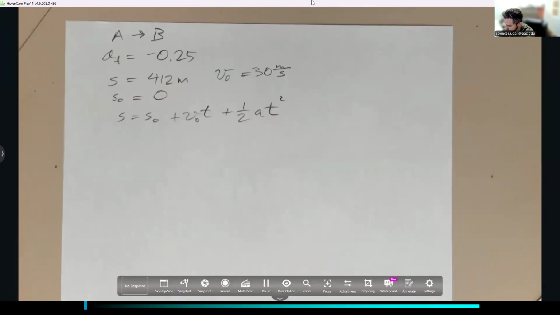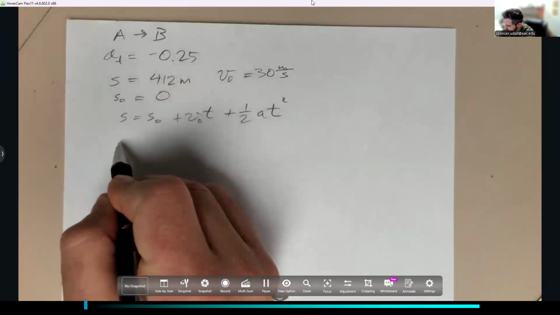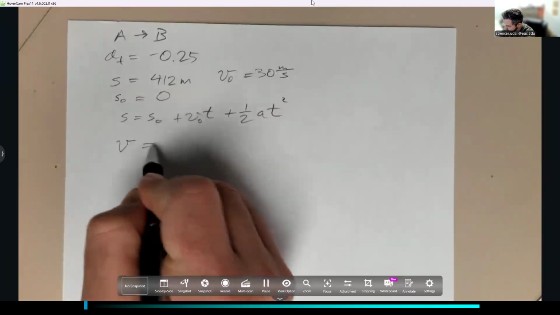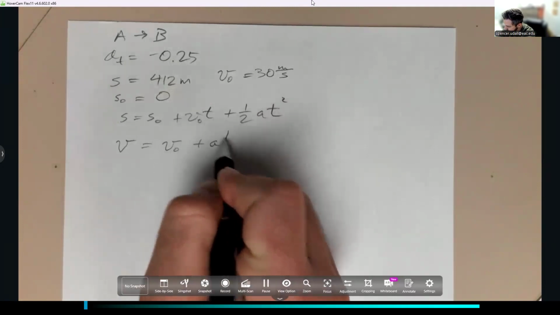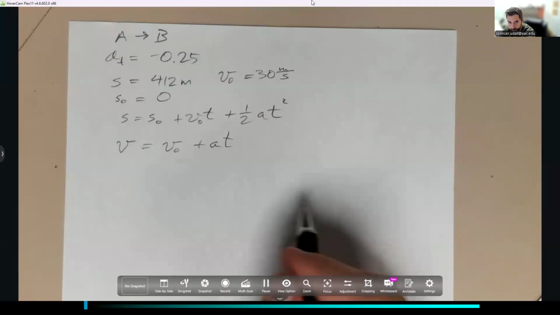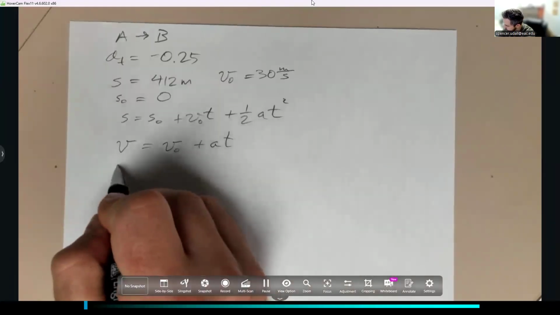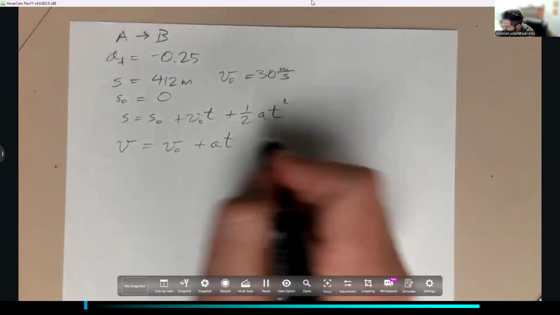Interesting. So how about let's look at a different equation. What about the one that says V equals V initial plus a t? Could we get T out of that? I think so. Right? We could get V, and this would be the V at point B, right?